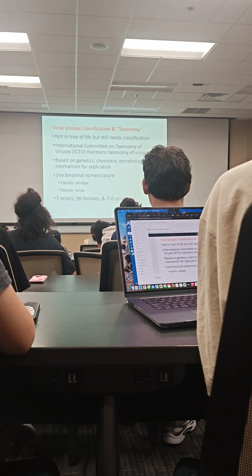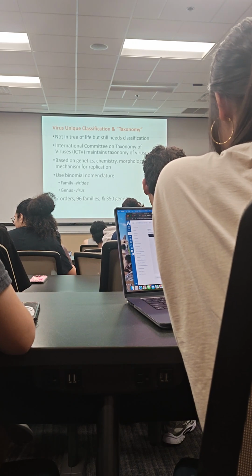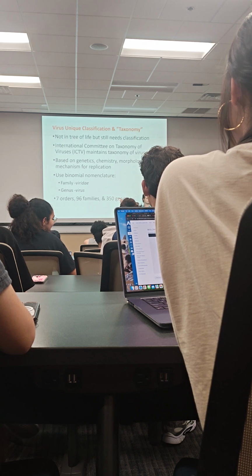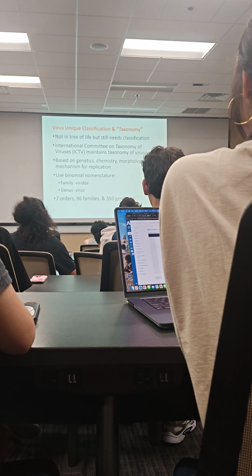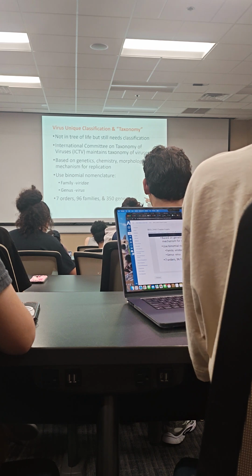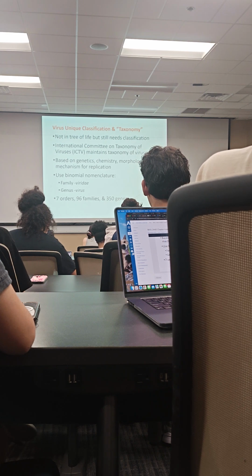So instead of using the genus species epithet for typical binomial nomenclature, which we do for living things, instead we use the family genus epithet. Right, so anytime you see Viridae at the end of it, that's going to designate a family. If you see virus at the end of it, it's going to tell a genus. So you think coronavirus, right? That's the genus of it.